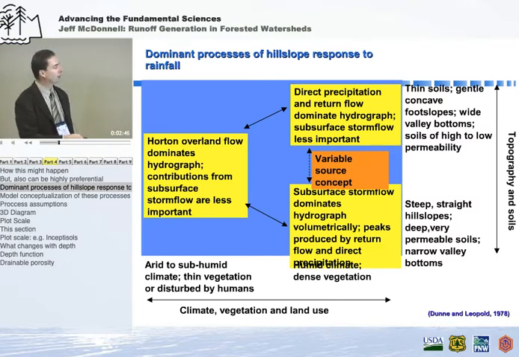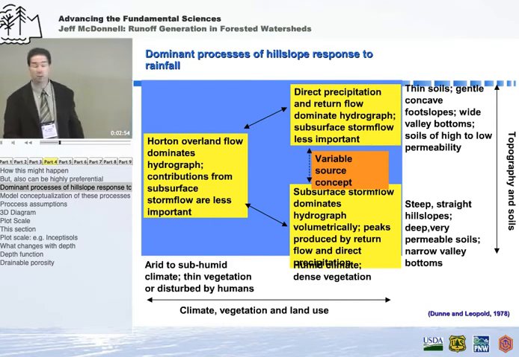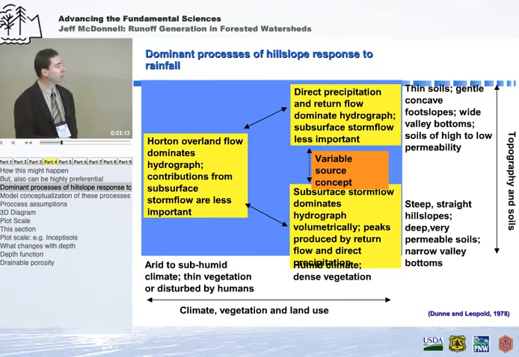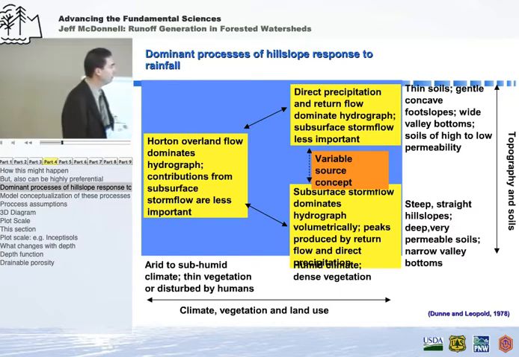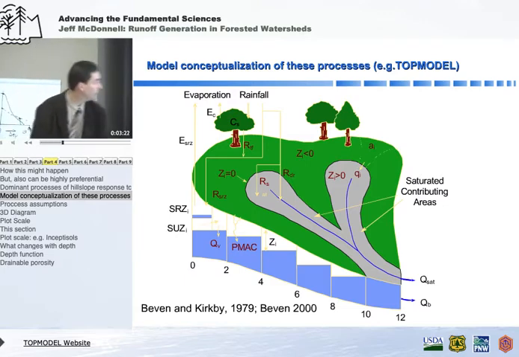And then this variable source area response, whether it's direct precipitation onto this expanding and contracting source area, producing saturation excess, or subsurface storm flow, largely depends on what the topography might be in terms of whether or not these are concave foot slopes, wide valley bottoms, the kind of textbook example like I showed in one of the earlier photos, or steeper, straighter slopes maybe where there's more opportunity for lateral flow. So this is, I think, a good way to conceptualize in a really general way.